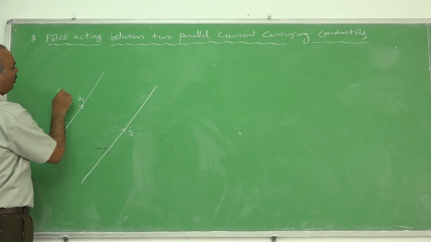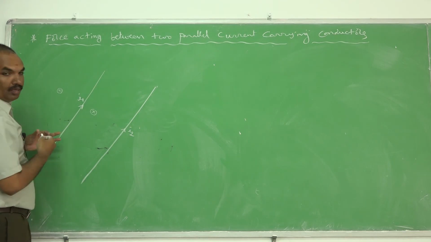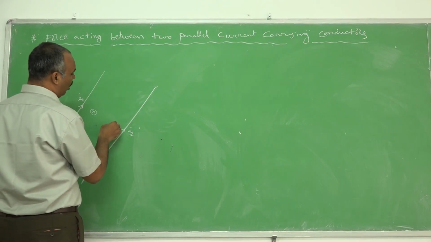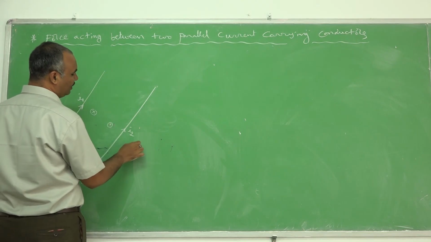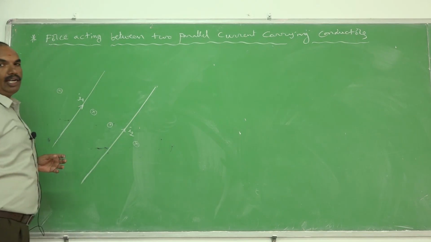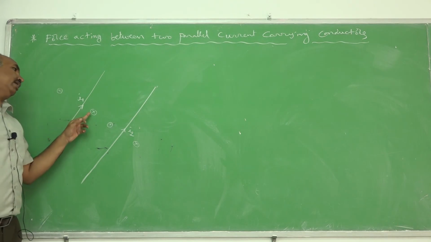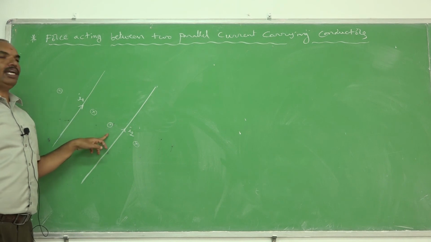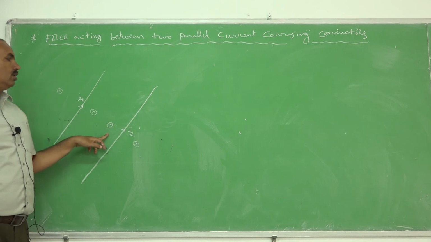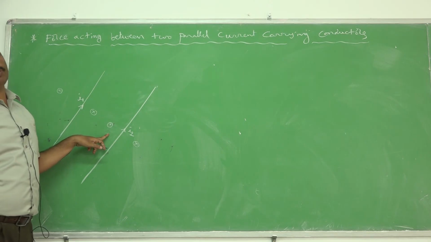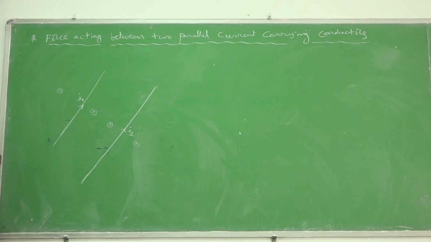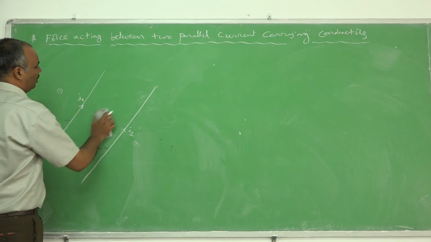Similarly, when current is going like this, here the magnetic field is out of the paper, here into the paper. Here magnetic field is into the paper, here it is out of the paper. These two magnetic fields interact with each other. They may lead to the attraction or repulsion between the two conductors. Let us understand what is the nature of magnetic field and in which way it will help the conductors to attract or repel each other.